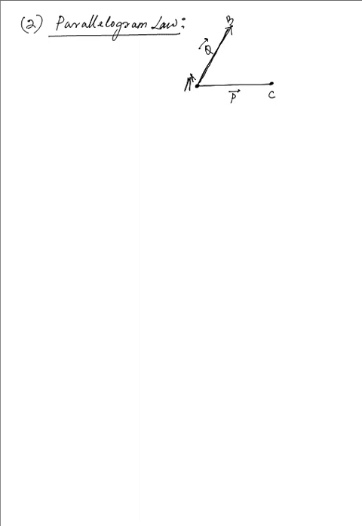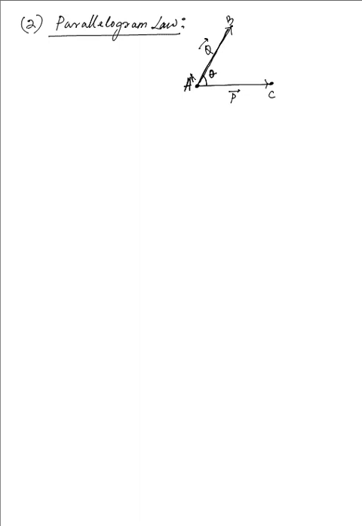So AC is the p vector, while AB is the q vector, and the angle between them can be directly pointed out. So the angle is theta in this case.